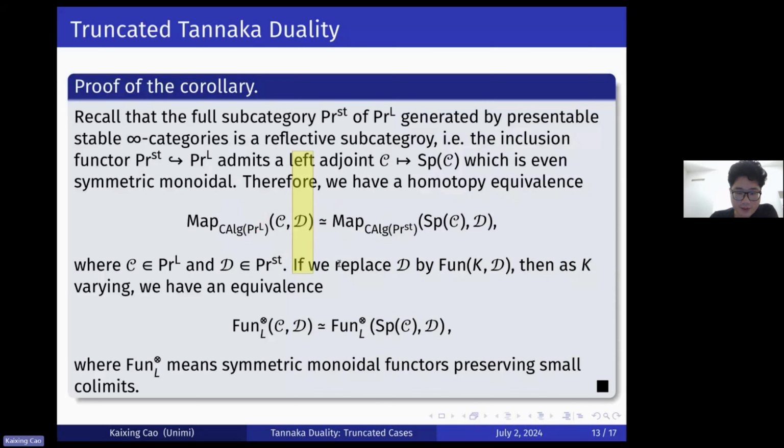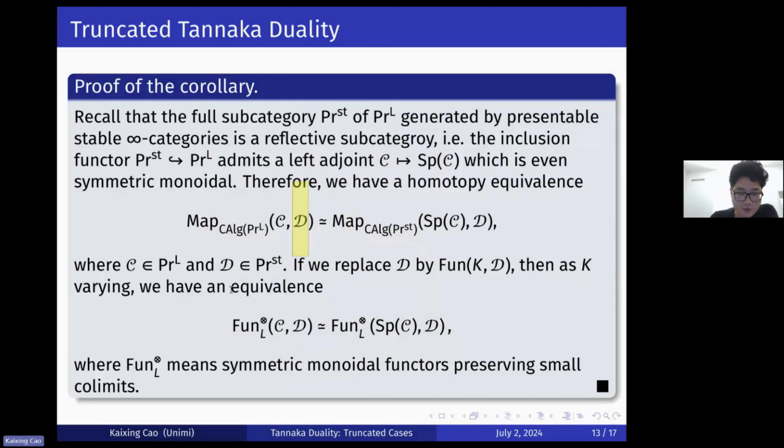A useful trick to deduce the equivalence of the functor categories from the mapping spaces is to replace D. If we have such a homotopy equivalence, we replace D by the functor category from a simplicial set K to D, and let K take different simplicial sets.